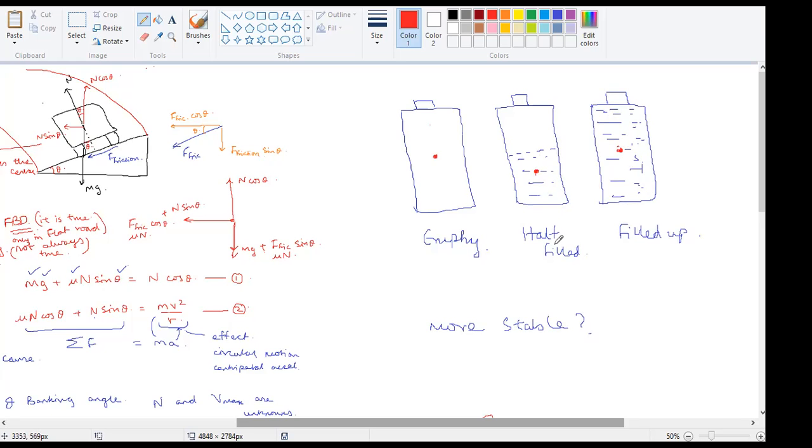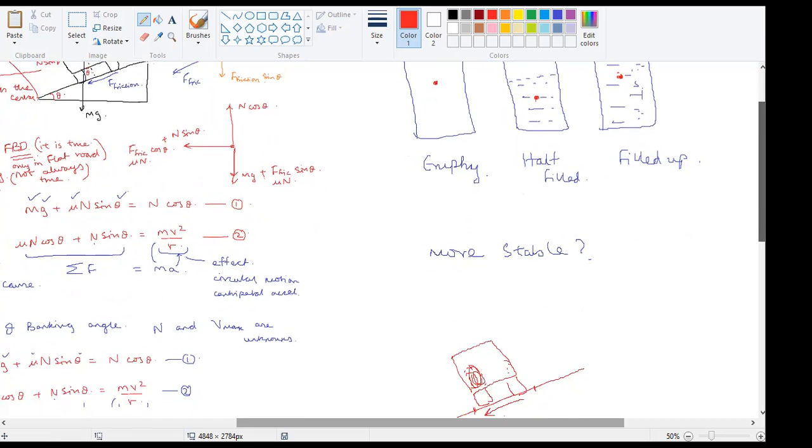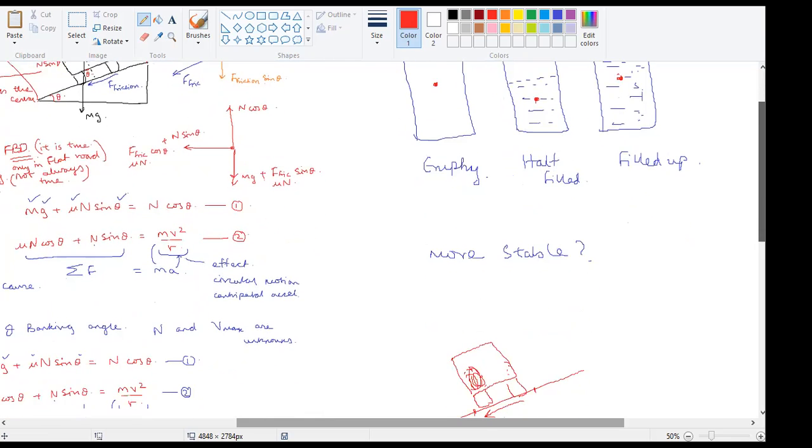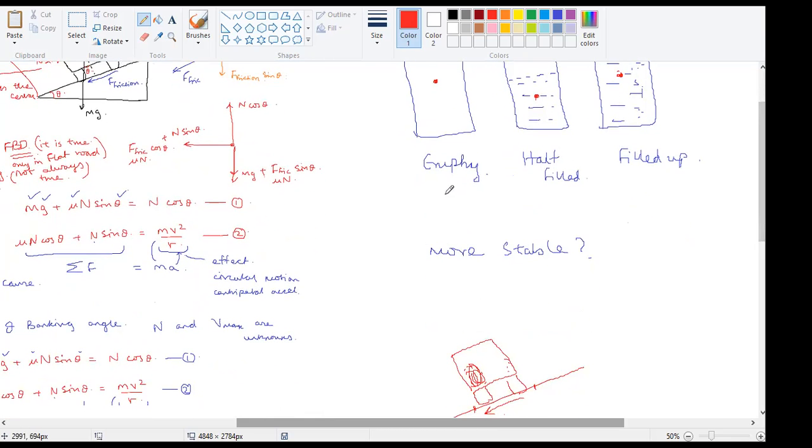Okay. So what do you mean by stable? When I tilt this, if the center of gravity is at a higher, topmost point, it will very easily fall outside this.